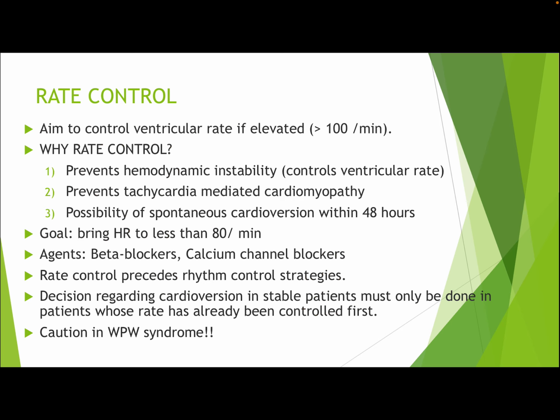Starting off with rate control. So the aim of rate control strategy is to control the ventricular rate if it is elevated, and by that I mean more than 100 beats per minute. So what happens is, we know the atrial rate usually goes up to 400 per minute because in fibrillation, many foci in the atria are just giving out impulses in a very irregular fashion.